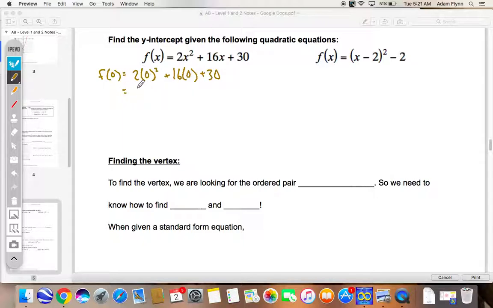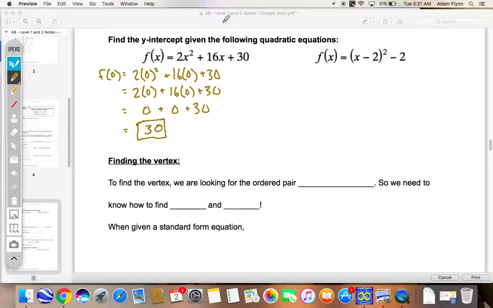So 0 squared is 0, so I have 2 times 0 plus 16 times 0 plus 30. I know 2 times 0 is 0, 16 times 0 is 0, and then I have my plus 30. So I know my y-intercept is 30.